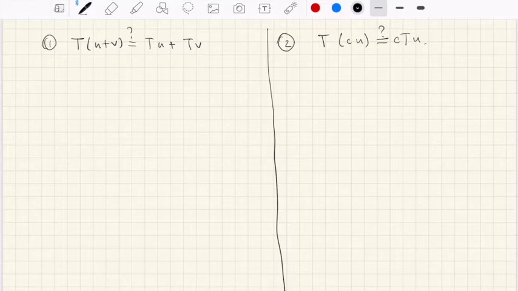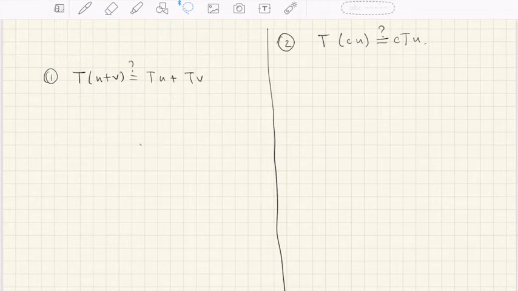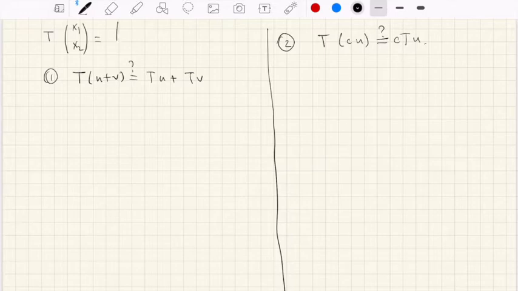Because T is defined as, for any vector, it goes to a new vector with 1/2 x1 plus x2 and x2. So we are going to use the definition of T. We start with the left-hand side and come up to the right-hand side.